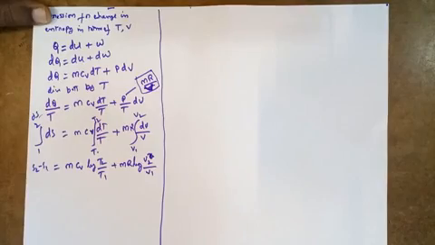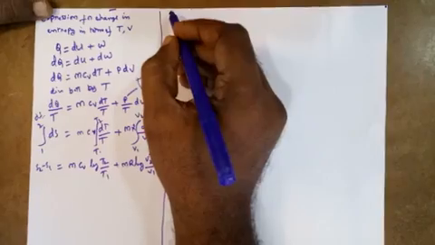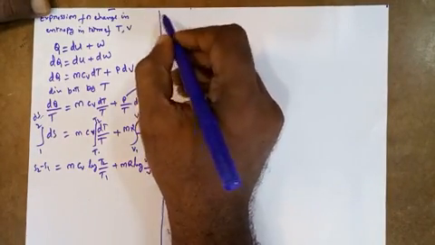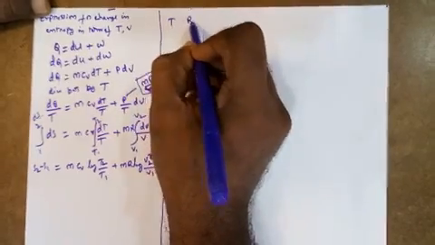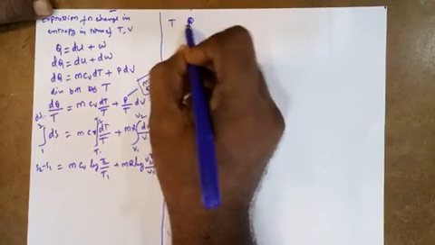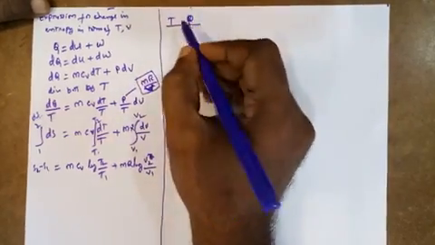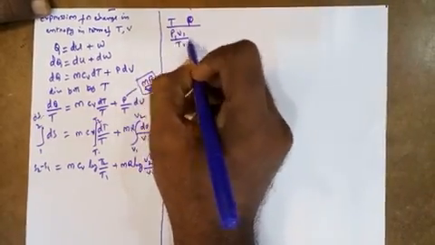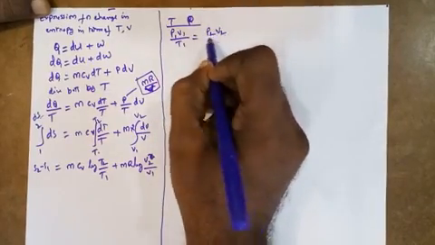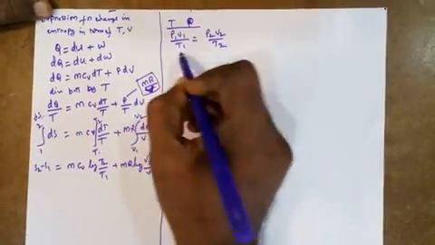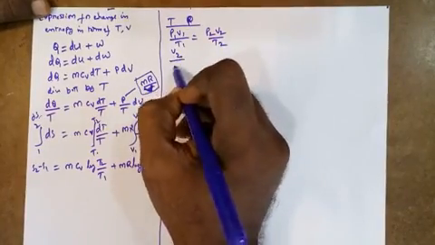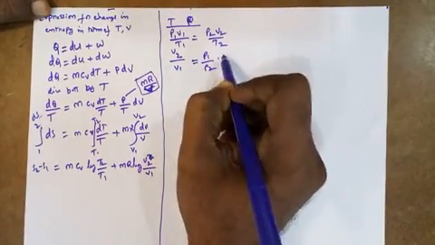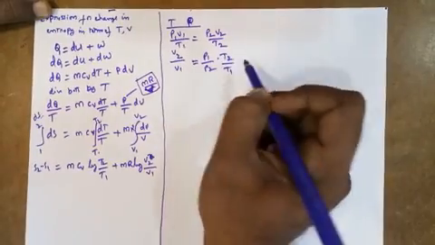Now I am going to derive the entropy change in terms of temperature and pressure. As you know, P1 V1 by T1 is equal to P2 V2 by T2. From this you get that V2 by V1 is equal to P1 by P2 times T2 by T1.